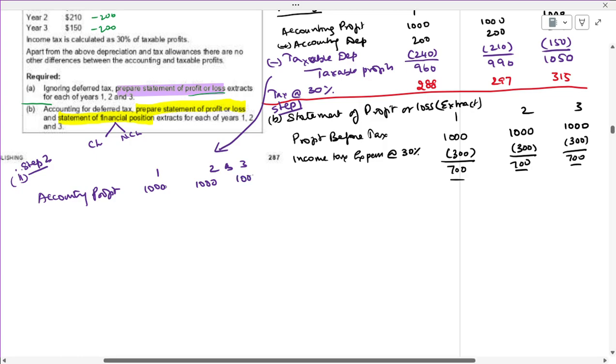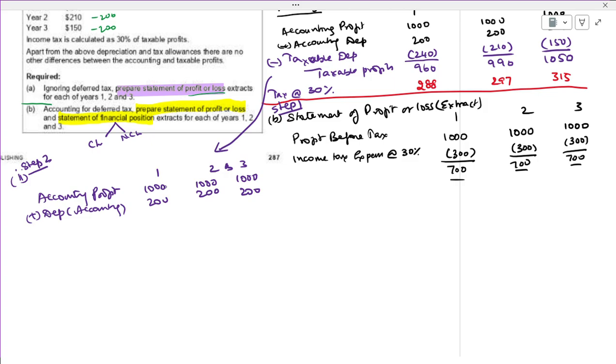Now add accounting depreciation, 200, 200 and 200, minus tax depreciation, the tax allowance on depreciation.